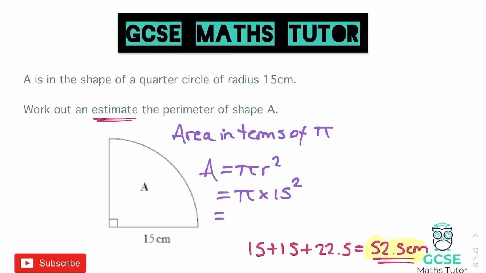So we'd write the answer as 225 lots of pi. That's what doing it in terms of pi means, we just don't press times pi. So we've got 225, which would be the area of the full circle, but of course this is a quarter circle, so we'd have to divide that by 4, and because we are leaving it in terms of pi, and because 225 doesn't divide perfectly by 4, we'd just write it as a fraction over 4.